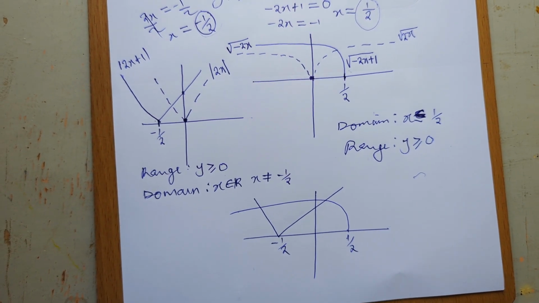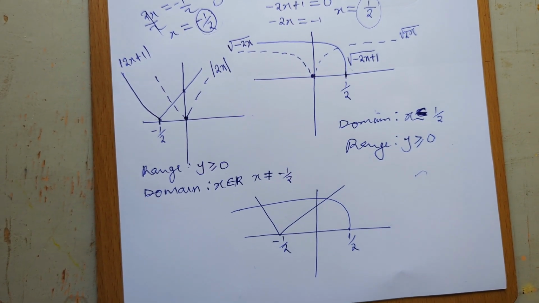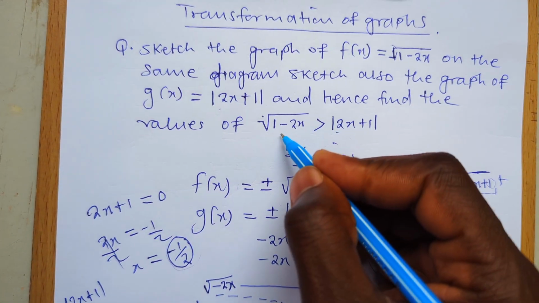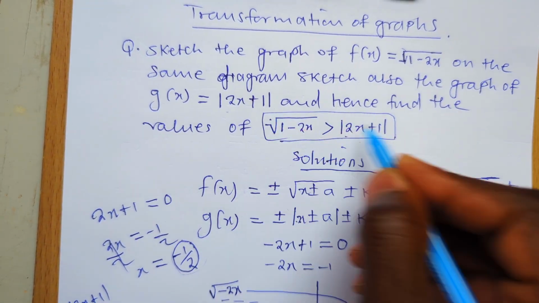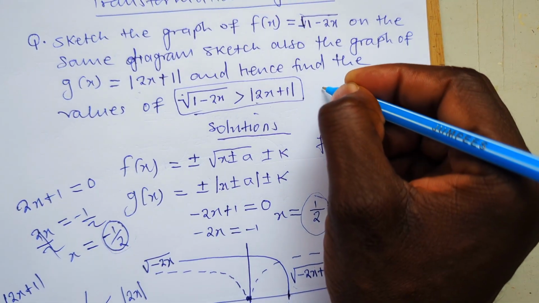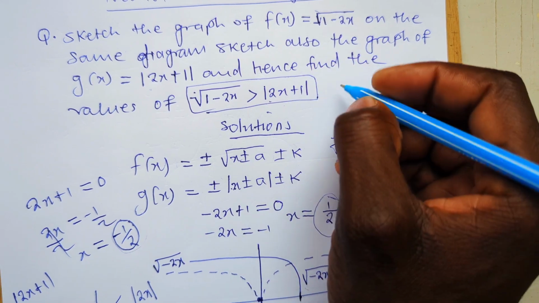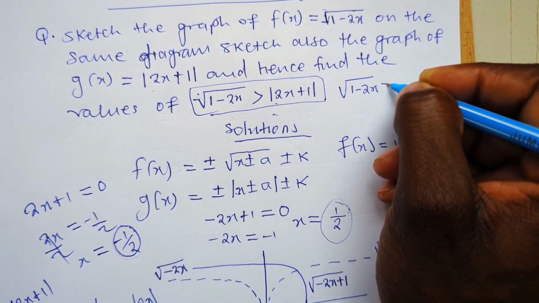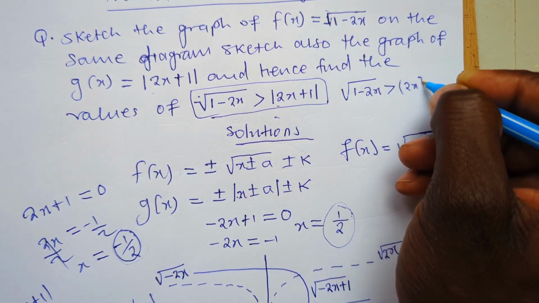The questions I'm going to drop are those questions whereby you have a value of k. Before we come to that, I think if we go back, we need to know how to get the value of this part. How can you get the value of that part? The best is just to square on both sides, removing the modulus. So you have the square root of 1 minus 2x greater than |2x + 1|.